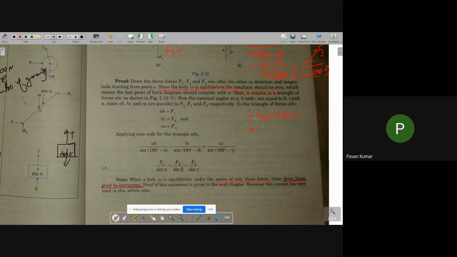The second one, only three forces. Last one, the three forces must be concurrent. Concurrent means they should originate from a single point. I hope it is clear. So thank you. In the next class, we will discuss the problems regarding Lami's theorem and equations of equilibrium.